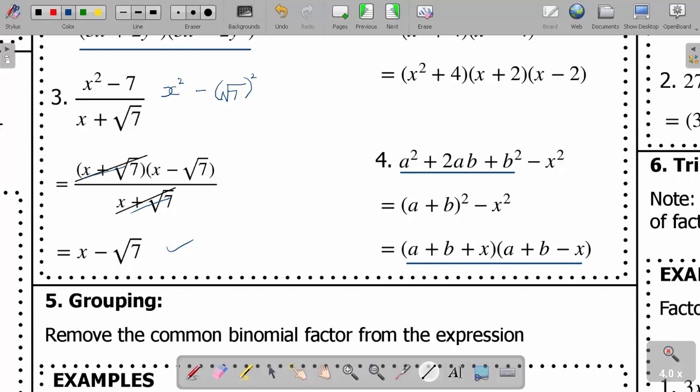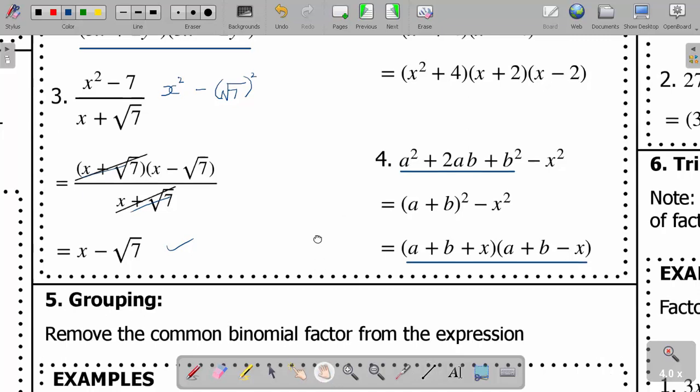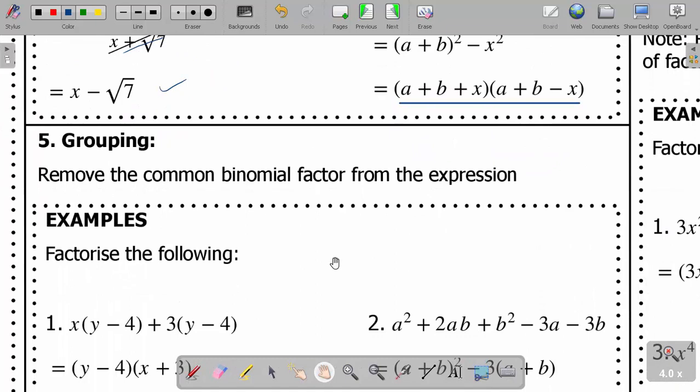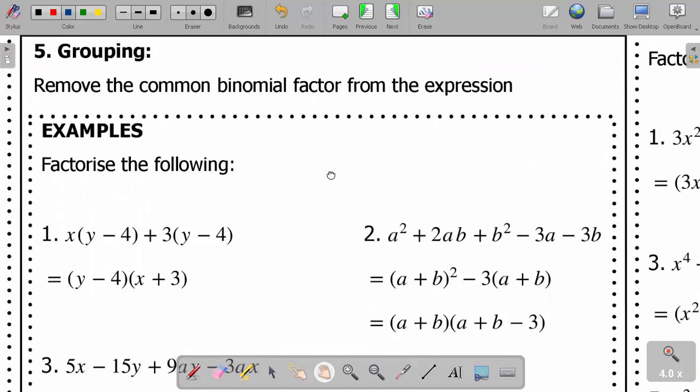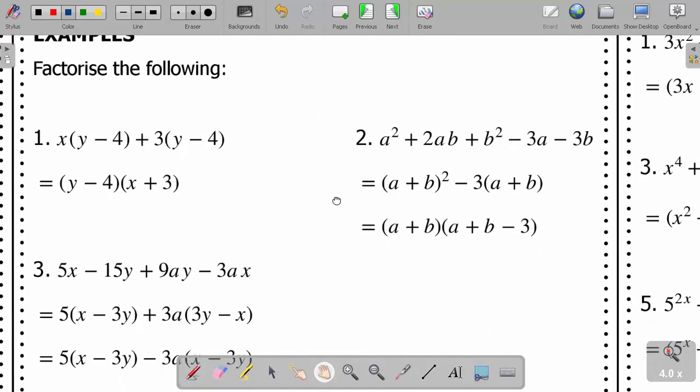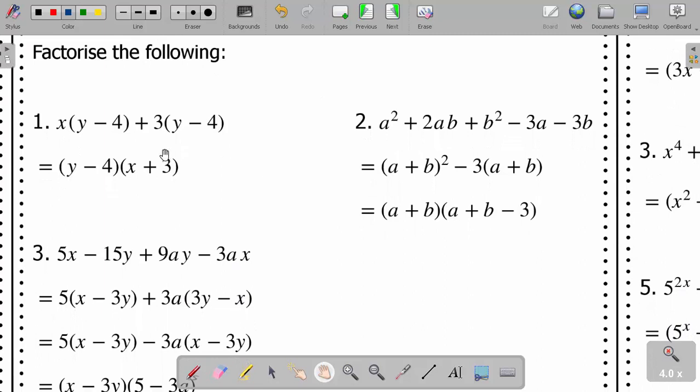Now sometimes another way we can be required to factorize is grouping. What we do here is remove the common binomial factor from the expression. Example: factorize the following. Number one, x into y minus 4, plus 3 into y minus 4.